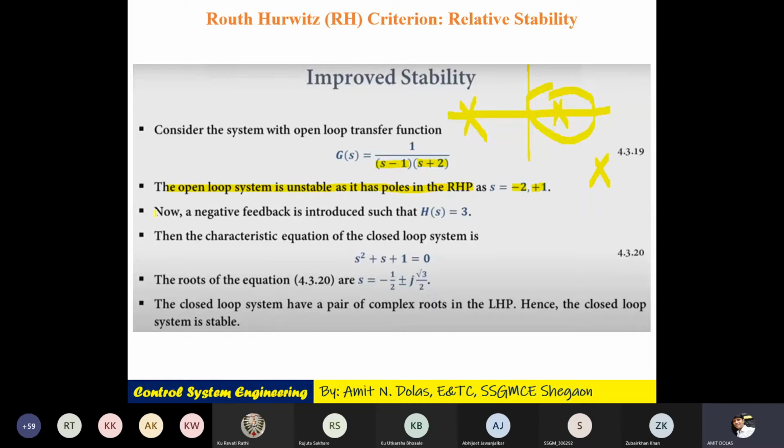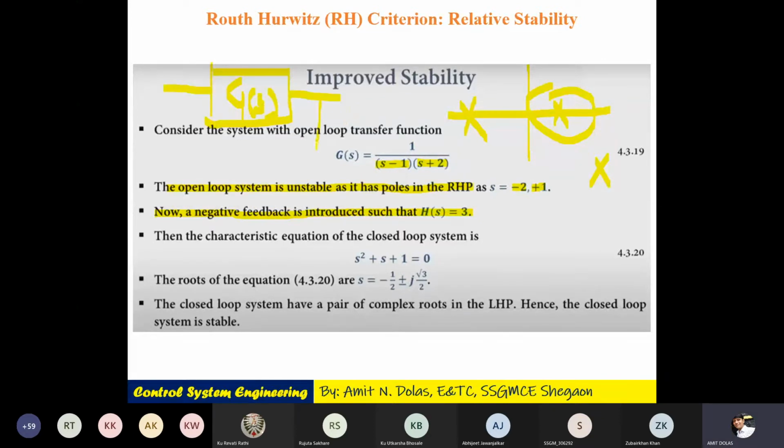So the system is unstable. Now a negative feedback is introduced such that H of s is equal to 3. An open loop system is what? If I suppose I have an input, one block that is system G of s, and an output, that is open loop.